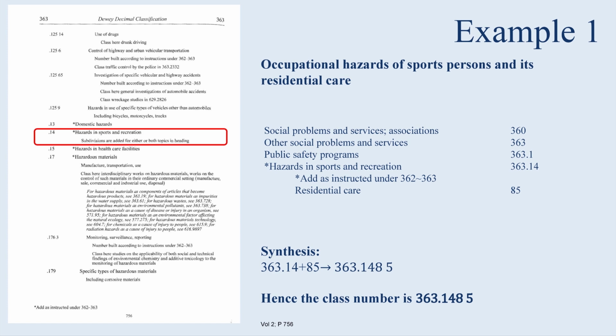Therefore, the number for occupational hazards of sports personality we got from the schedule, that is 363.14. Then residential care is 85 from the extended subdivision under 362 to 363. Therefore, the number will be 363.1485.